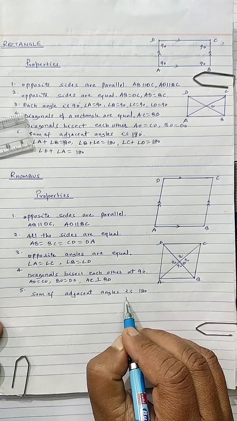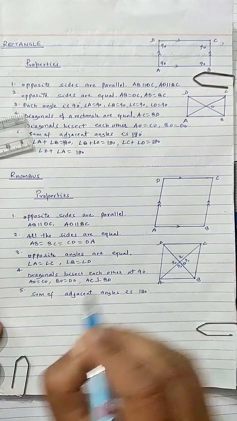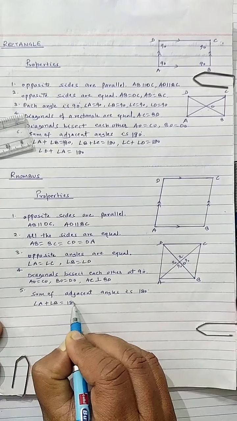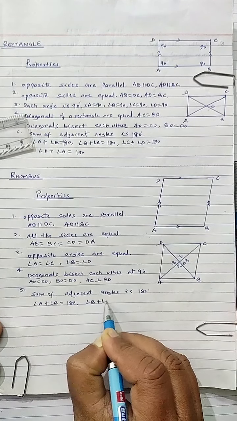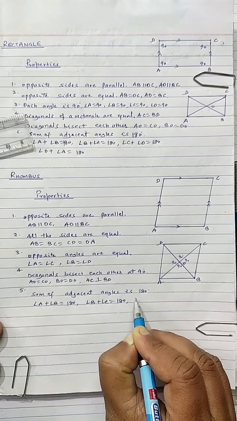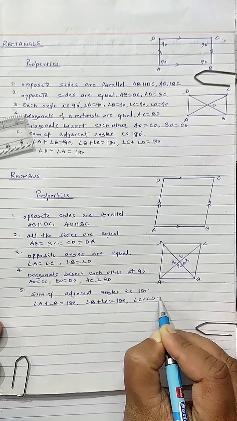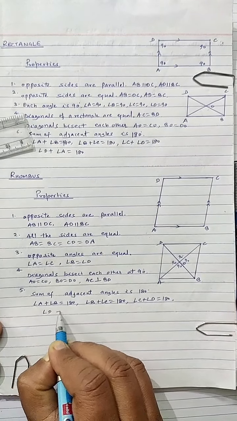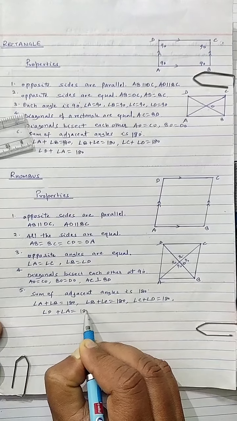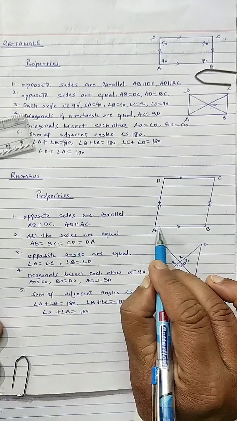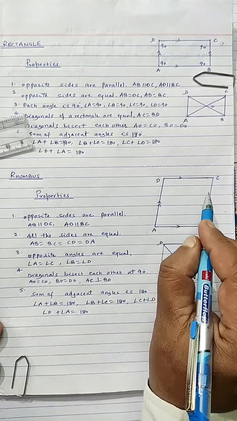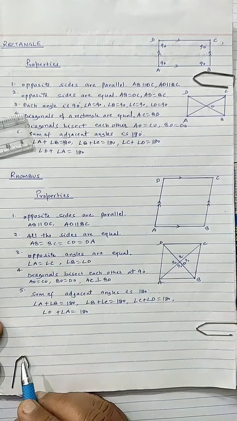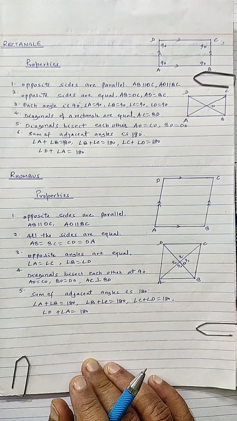Sum of adjacent angles is 180 degree means angle A plus angle B is 180, angle B plus angle C is 180, angle C plus angle D is 180, and angle D plus angle A is also 180.